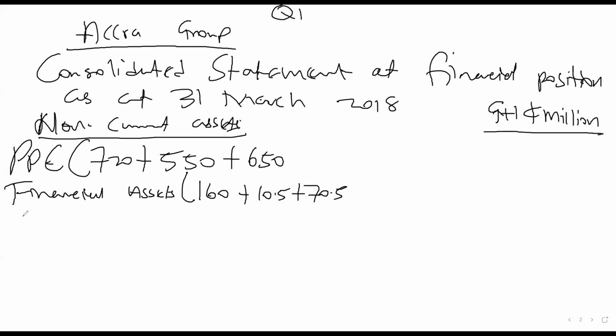Then when you're about to finish, please, I beg you, write here goodwill and leave at least 2 lines before you do your total. Because for part 3, consolidation, I expect the examiner every sitting to leave something in the footnote that will create additional assets, so that your non-current assets will be wrong.